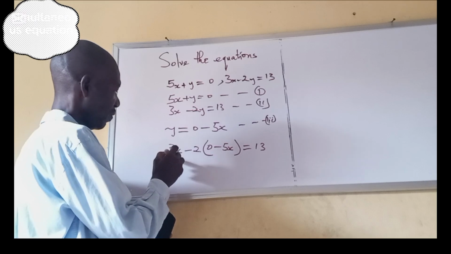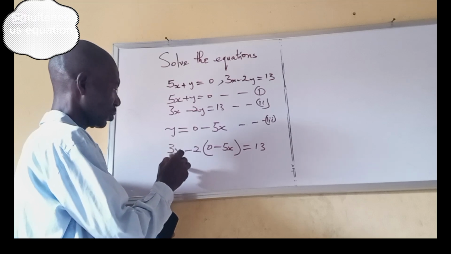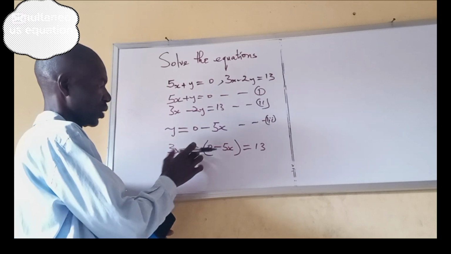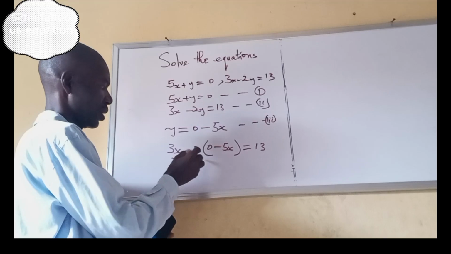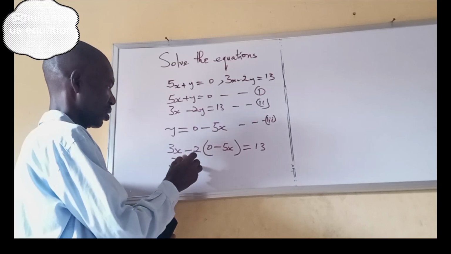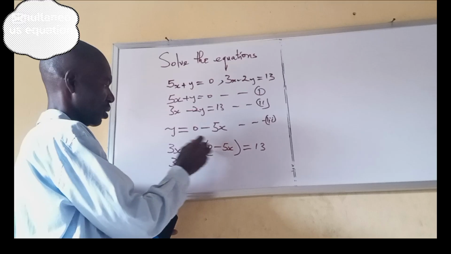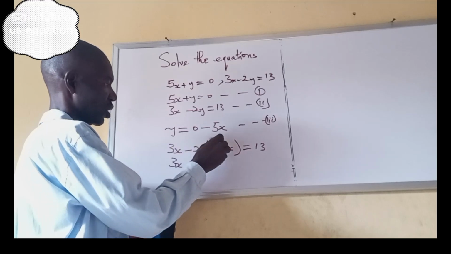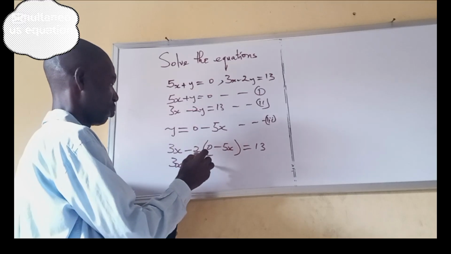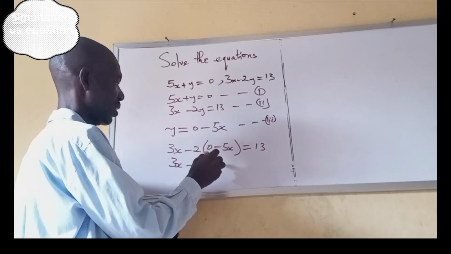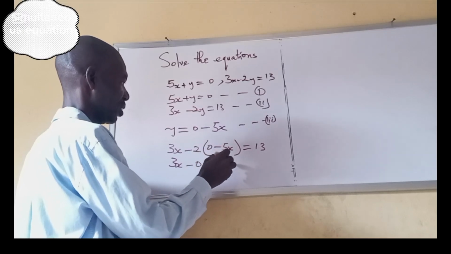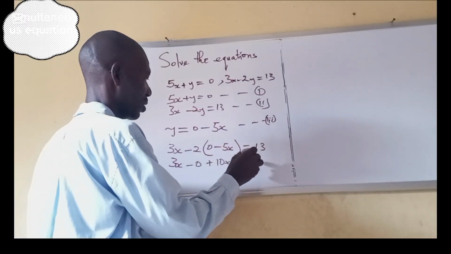So we have 3x minus 2 times 0, that is minus 0. Minus times minus 5x, that is plus 10x, is equal to 13.